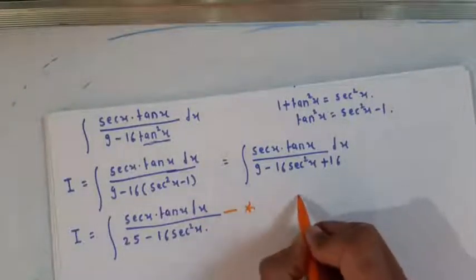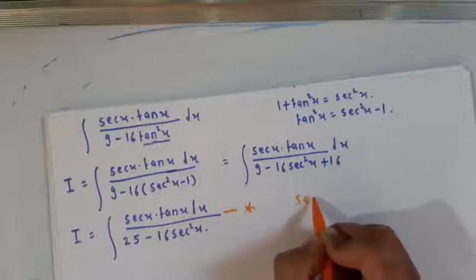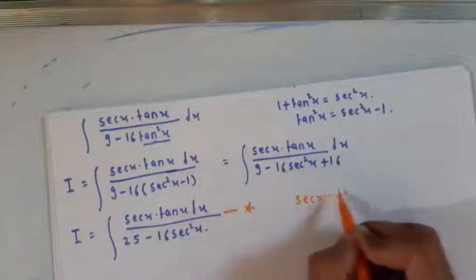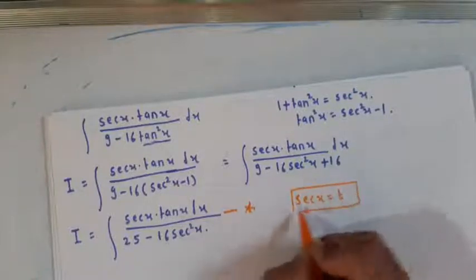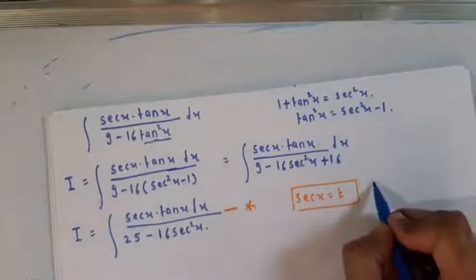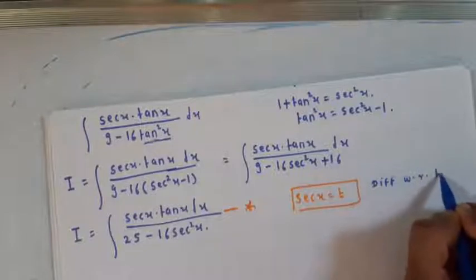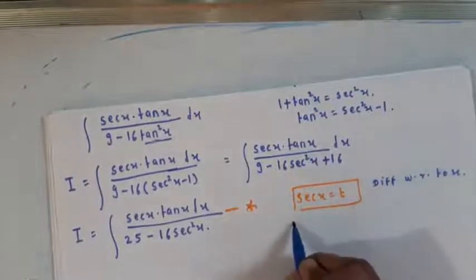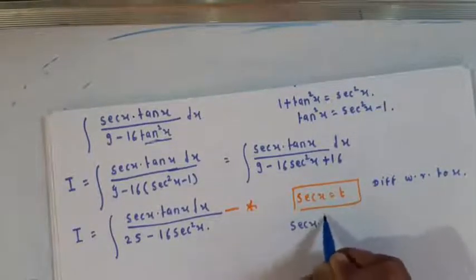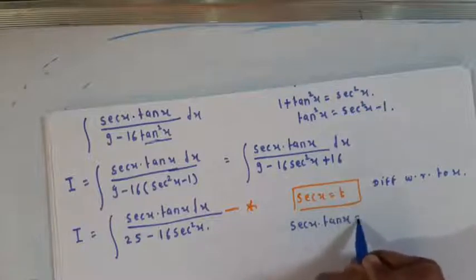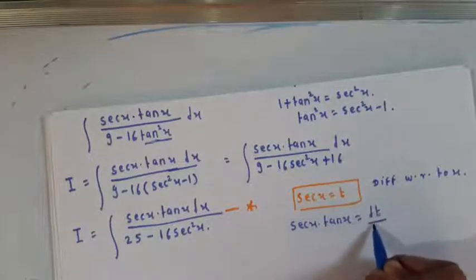So put sec x equal to t. Whatever is your substitution, differentiate it. So differentiate with respect to x. We will get sec x tan x equal to dt by dx.